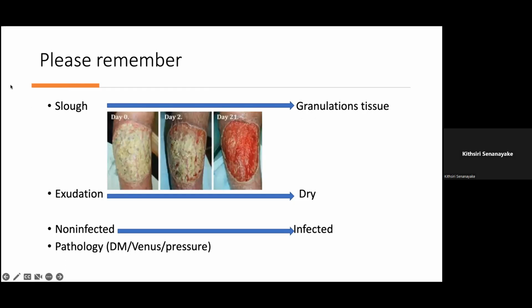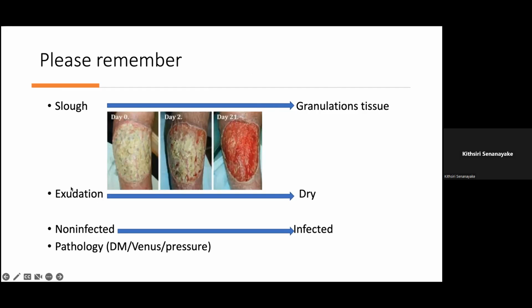Before the sloughing, you have the necrotic tissue. If you see necrotic tissue, then there's no point in doing dressing. You need to do surgical debridement. Therefore, when you see a wound, please see the amount of slough in the wound compared to the granulation tissue to decide what type of wound dressing we are going to put.